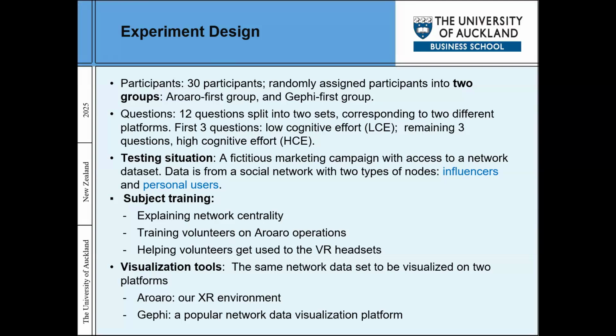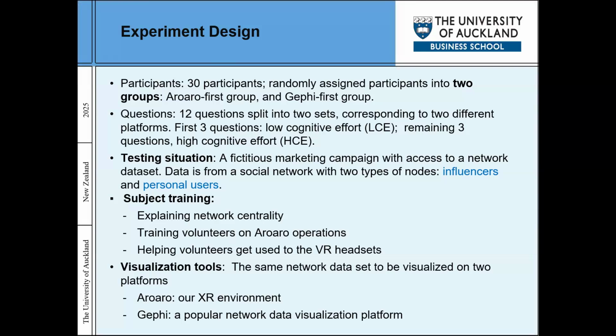To reduce the effect of bias, the participants were assigned to 2 groups: some answered questions on RORO first, and some answered the questions on GEFI first. So it was random allocation of which platform participants used first.